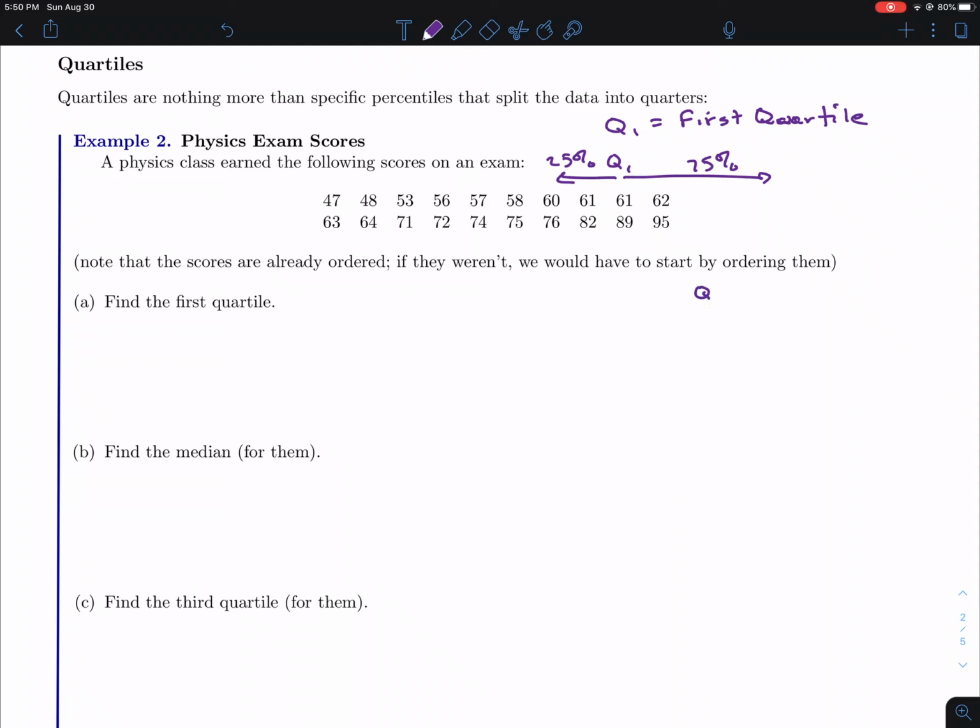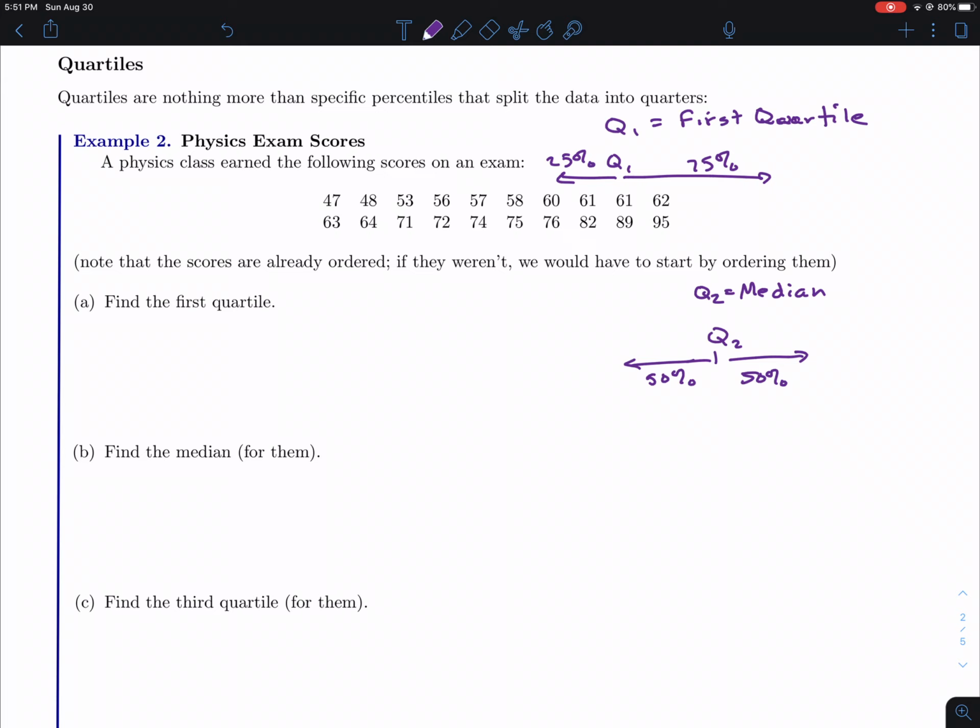So the next one we're going to talk about is what's called Q2, or sometimes it's called the median. And so it's the place that divides the data completely in half. So the median is the exact middle of the data. So our Q2 is going to divide the data up so 50% lives below, 50% lives above.